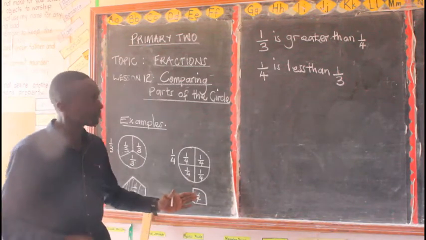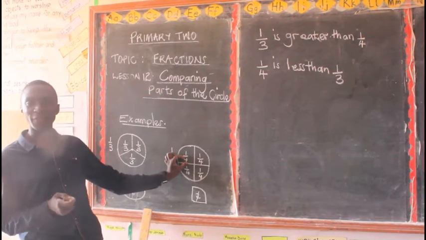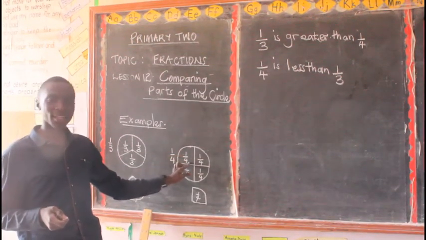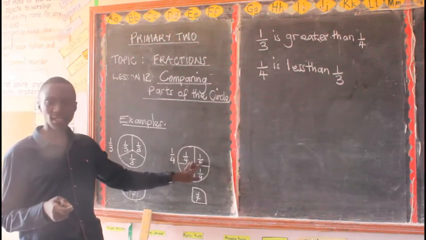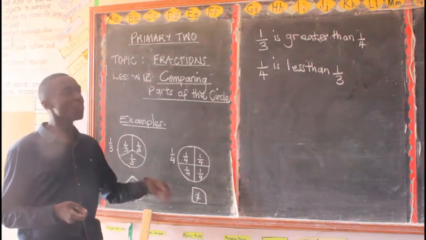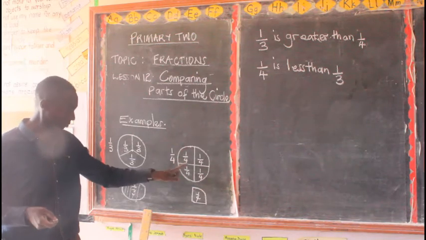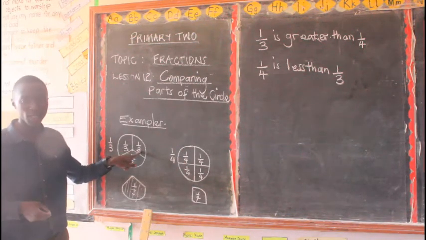Thank you very much. From here, I repeat, the bigger the denominator, or the down digit of a fraction, the smaller the fraction. This fraction, the denominator is big, and this one, the denominator is small.